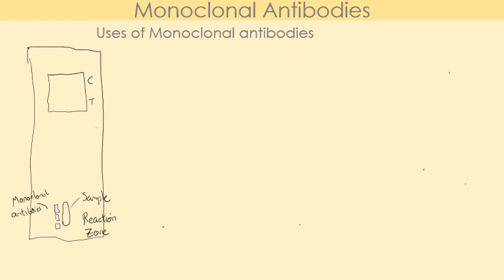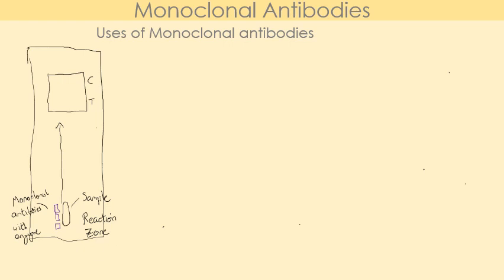And these monoclonal antibodies have an enzyme attached. Now when the specimen moves up the strip, so up the test, if the antigens are present, they will bind with the monoclonal antibodies.